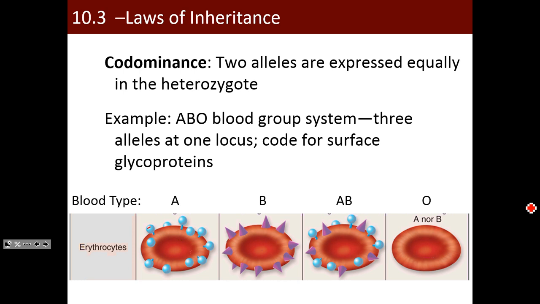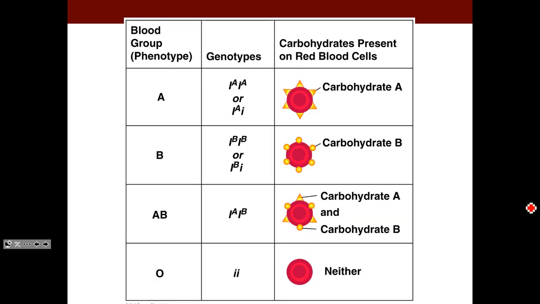Type O is the most recessive. A and B are codominant. So if your phenotype is to be type A, we always show blood type as an I, and I can't remember what I stands for. Immunoglobulin, I think. It's the factor that attacks the blood type.